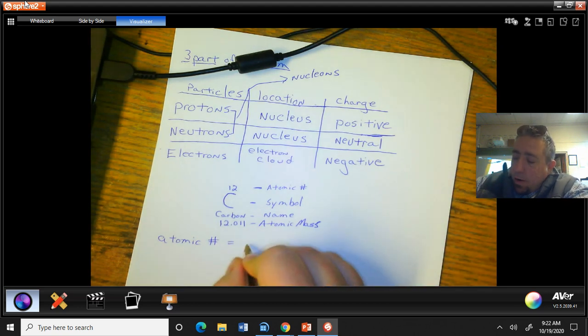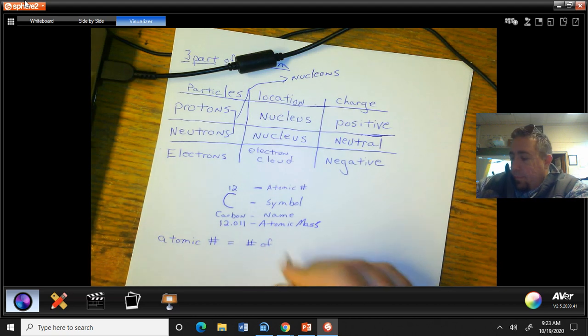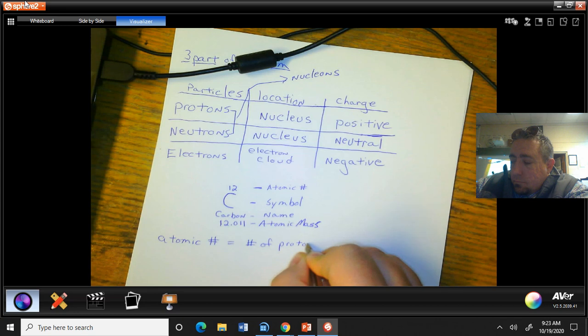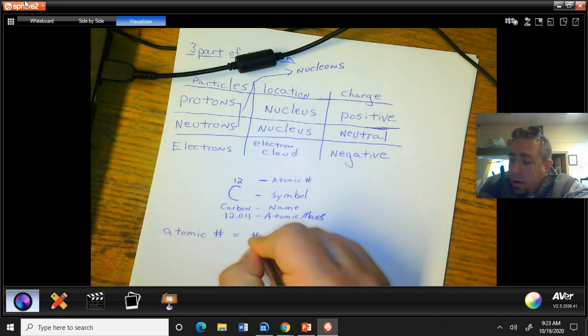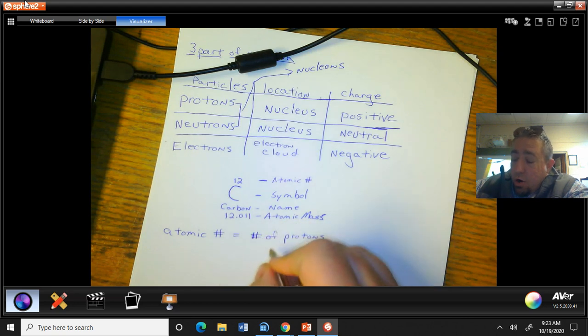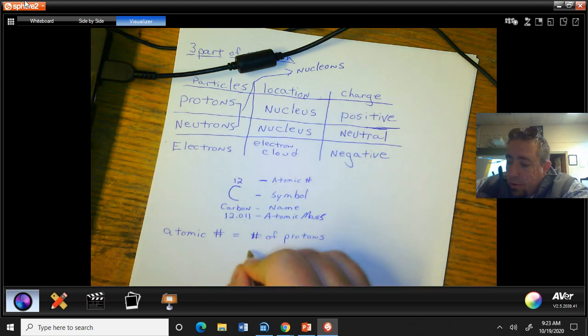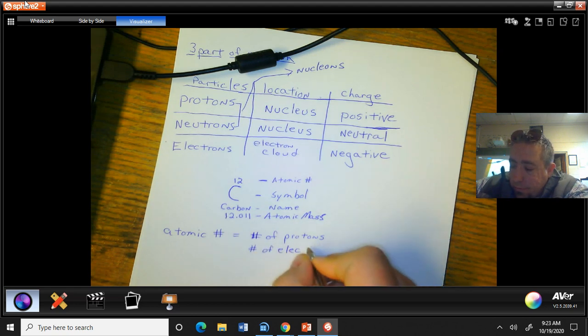Yes, it is the number of protons in an atom. And usually it's also the number of electrons, not neutrons.